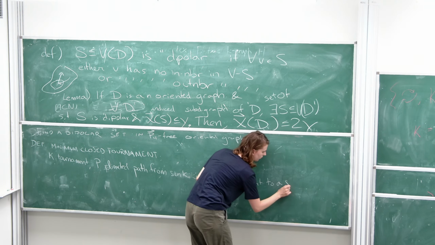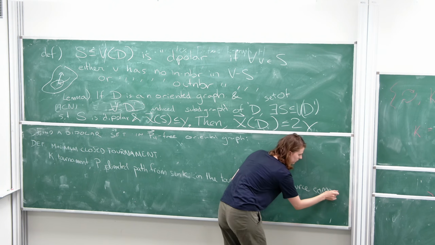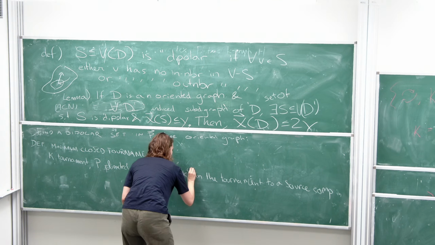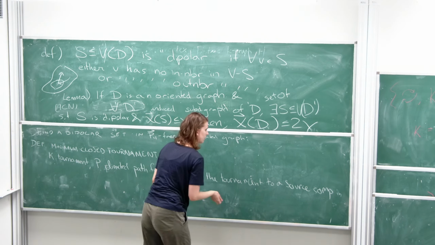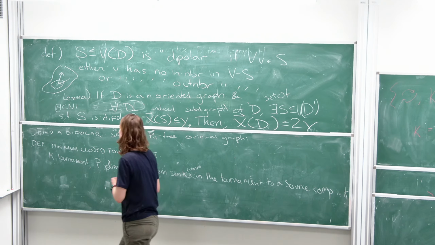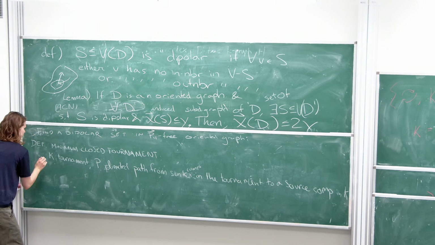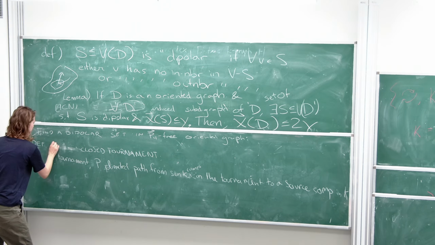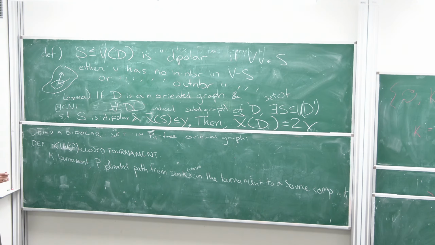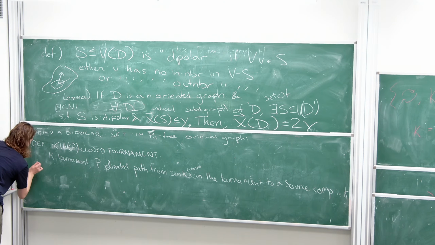So that's a closed tournament, K union P. It's a union of a path and a tournament where you have a path from a sink component to a source component.